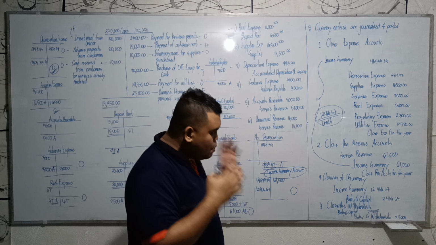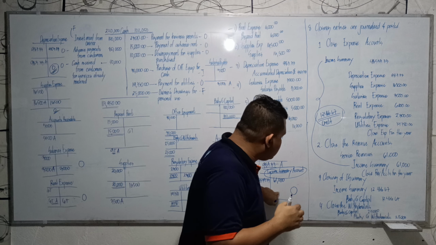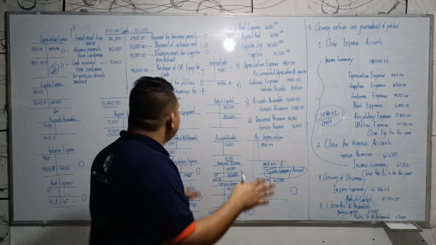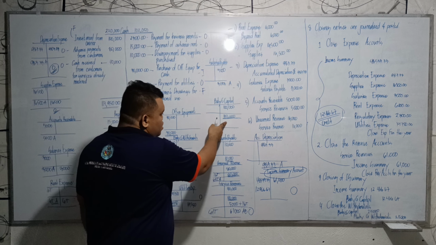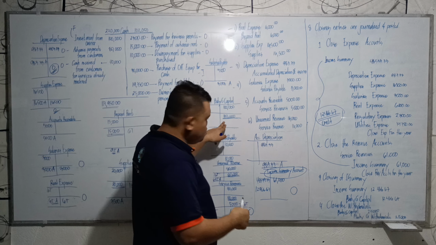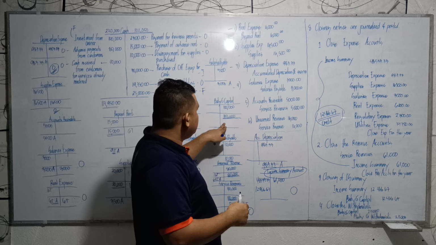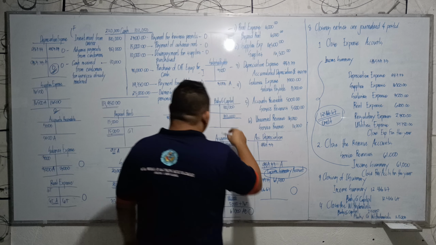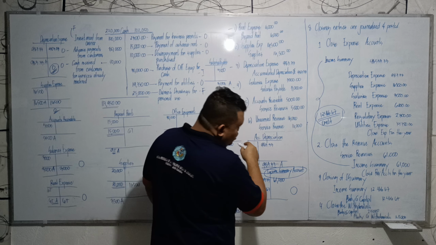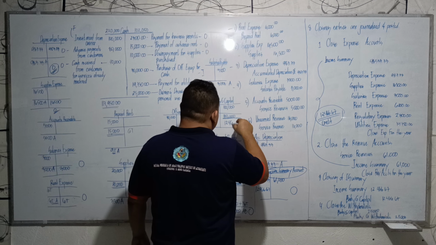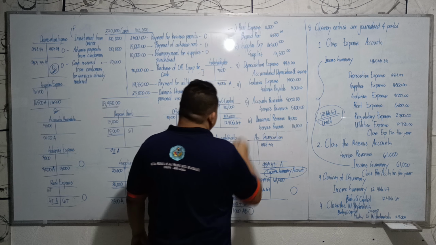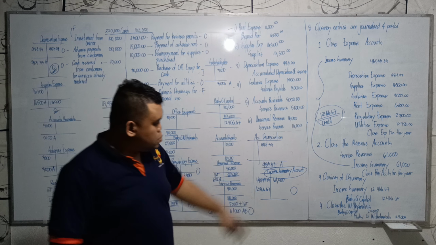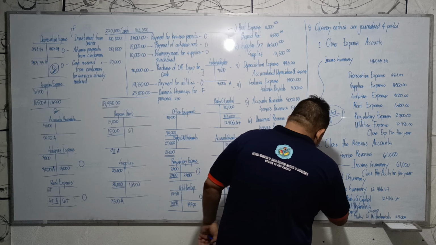But remember that even if this is zero, the BBG capital will be credited. So instead of just 100,000 right here, which is, I guess, the initial investment of the owner, it will become plus 12,466.67.